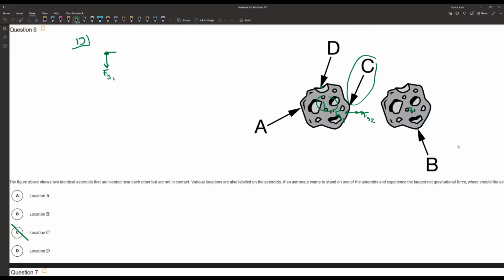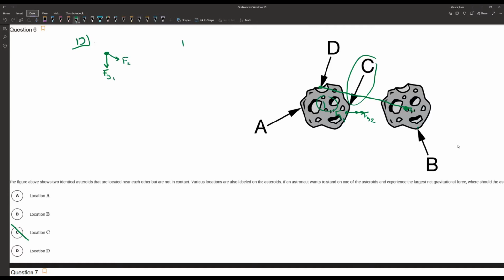And then we have a gravitational force from asteroid 2, essentially pulling us to the side. It's actually kind of at an angle, because the force due to gravity is going to align our centers of mass. So the force due to gravity is going to be directed along a line between our centers of mass. So our force due to gravity is going to be something like this.